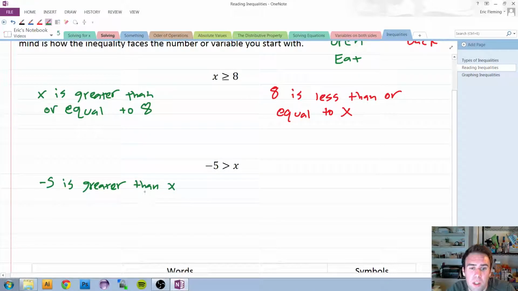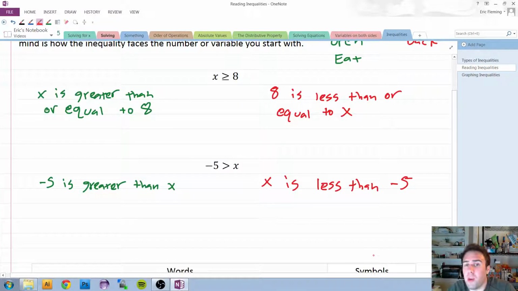My inequality is eating it, it's opening up to it, so -5 is greater than x. Let's look at the reverse way. What happens if I were to focus on the x first? Well, focusing on the x, the inequality is showing me its back, so I would say x is less than -5.